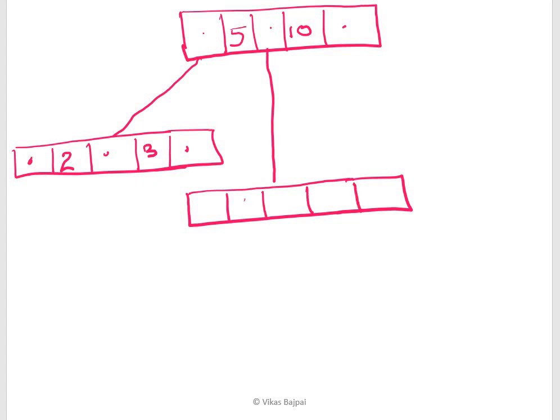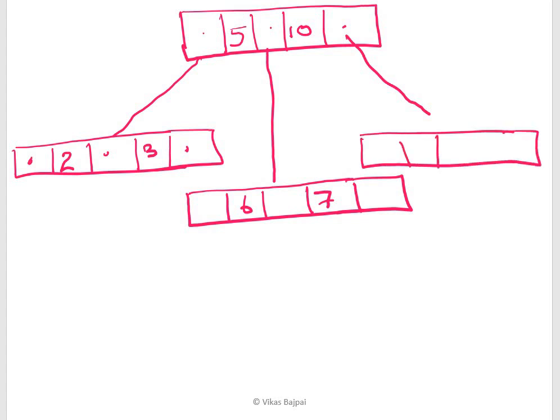Let me add 6 and 7. From this I'm getting this, which will have once again 5 spaces. So it will have a pointer. Here also we have pointers. So let me have 20 and 25.